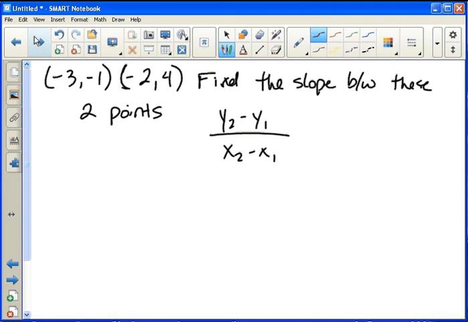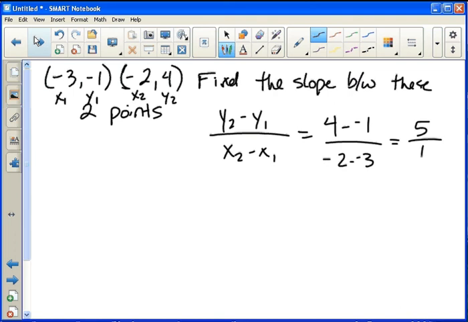It doesn't really matter which point you call 1 and which point you call 2. The key is whichever one you use first, you've got to use first on the top and the bottom. So I'll just call this x2, y2, and this x1, y1. That gives us 4 minus -1 over -2 minus -3, so you get a 5 on top over a 1 on the bottom. So our slope is 5.